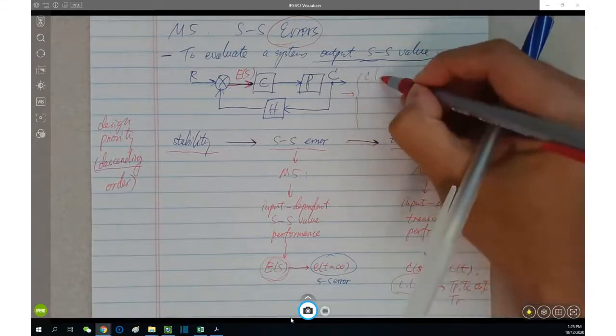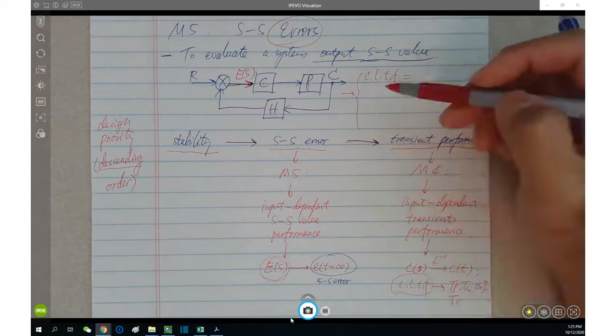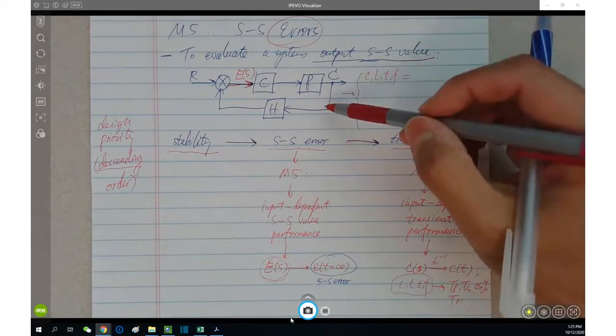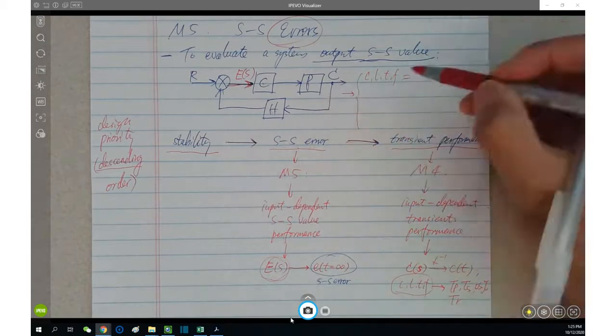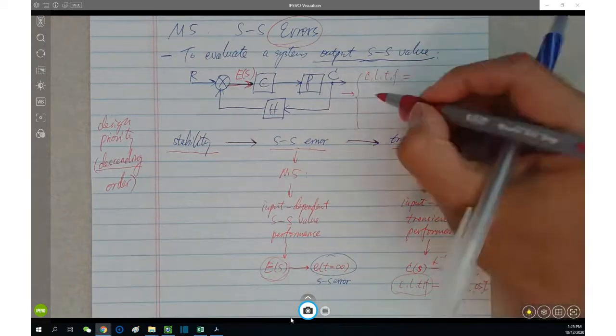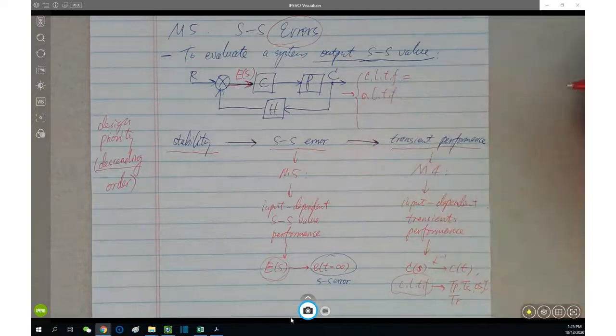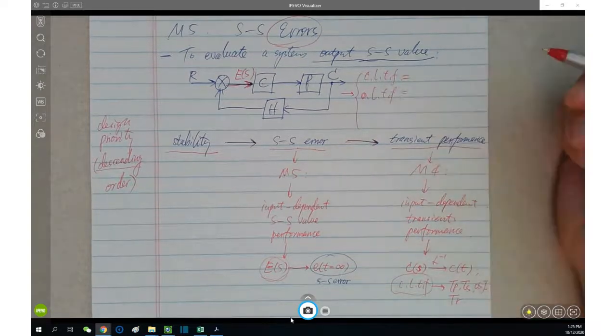What is the closed loop transfer function of this system? This is generic, but it is the best example for us to review these transfer functions. You have also the open loop transfer function, right? And what other transfer function did we mention before?